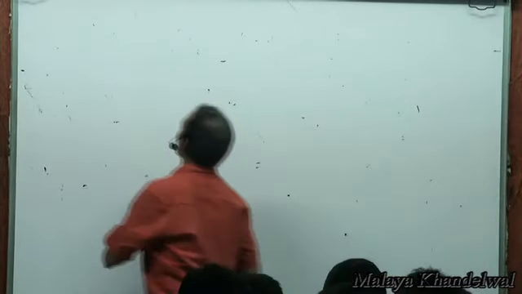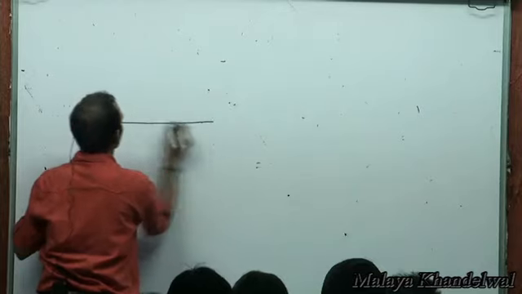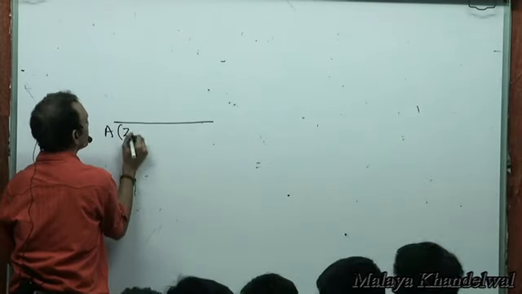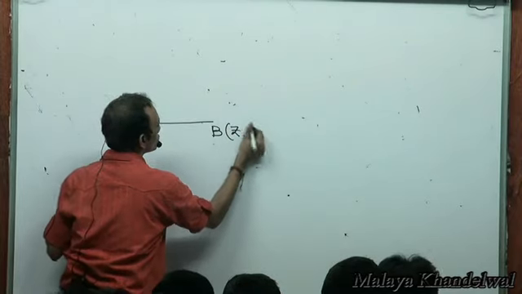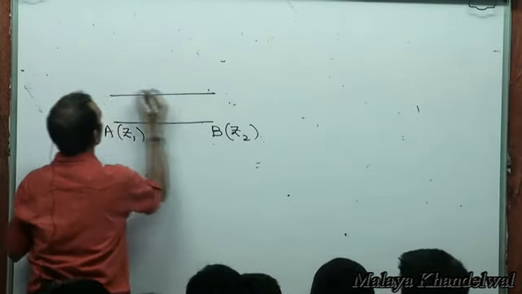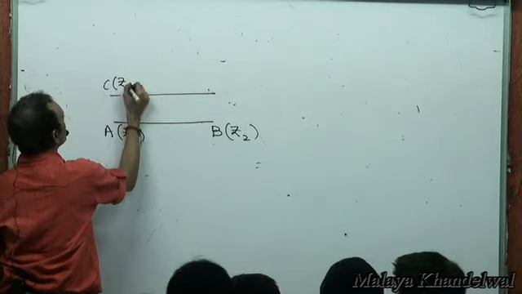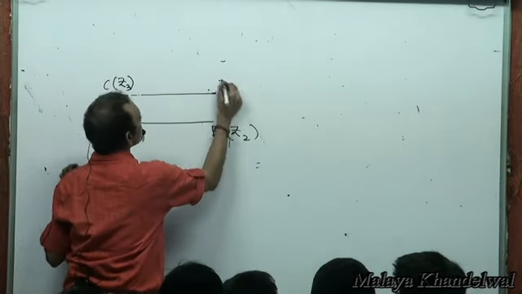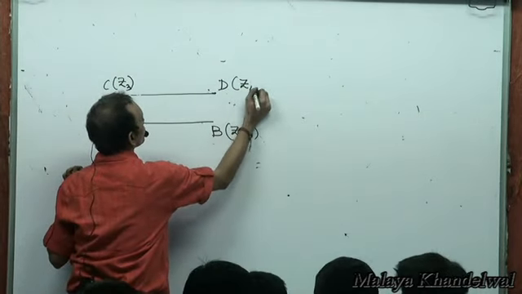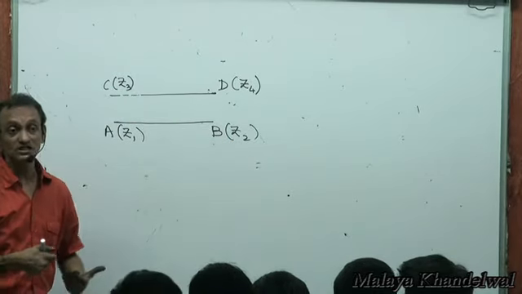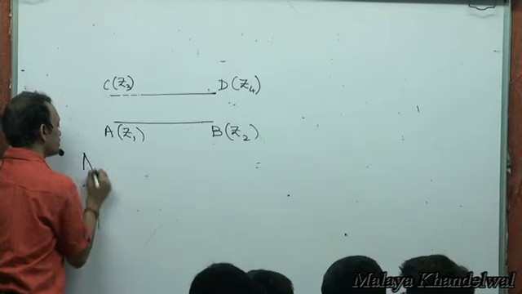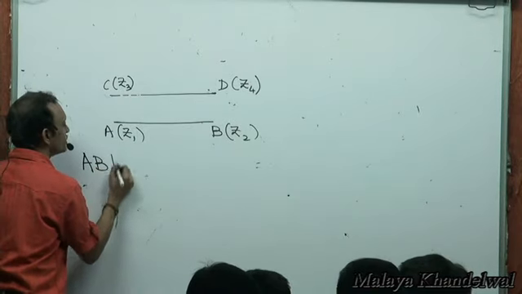Suppose there are two segments, A which is Z1, B which is Z2, C which is Z3, D which is Z4. Condition for which AB is parallel to CD.